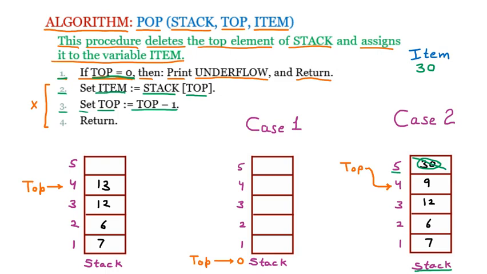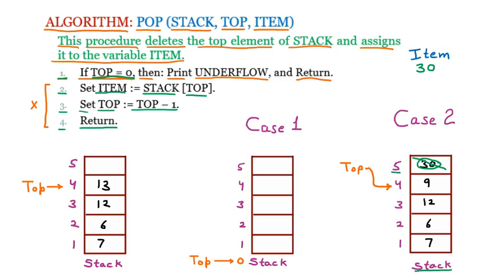So 4 elements are present, that means 7, 6, 12 and 9. We are not considering the 5. So now the elements present are 4, and then return. By this we have deleted one element, which is 30, and that element we have stored in the item. This is case 2 where the stack was full.